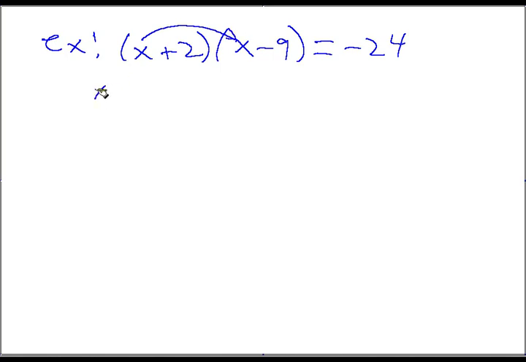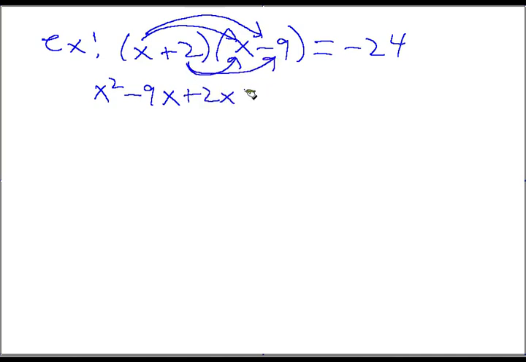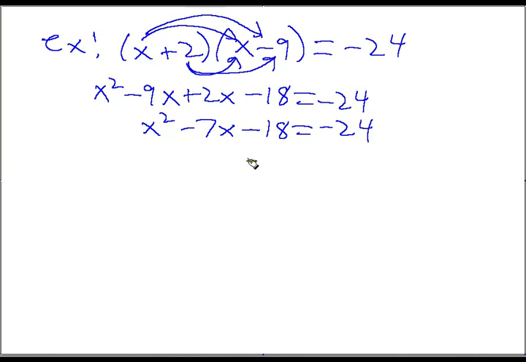X times x is going to be what? X squared. X times negative 9, negative 9x. 2 times x, 2x, distributive property basically. 2 times negative 9, negative 18, equal to the same number, negative 24. Combine like terms here, so you get x squared minus 7x minus 18 equal to negative 24.